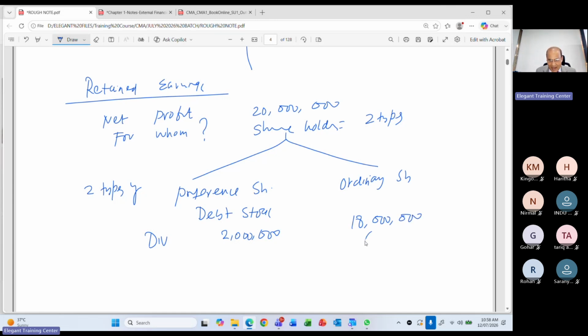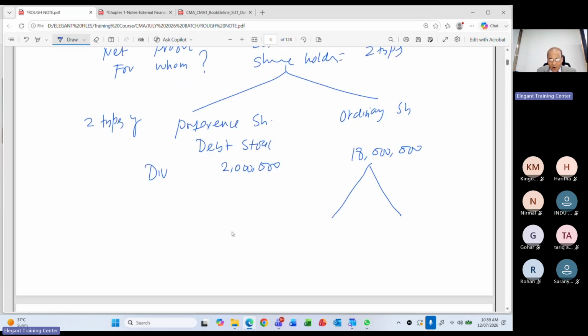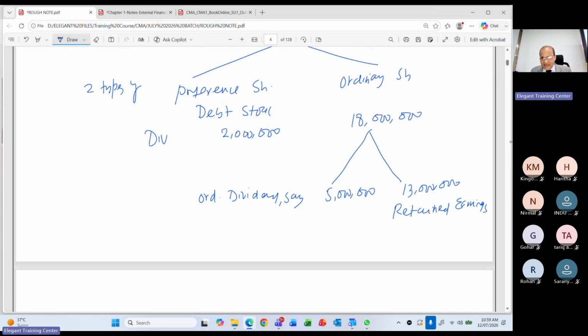Out of that, let's say the ordinary dividend is 5 million. This 13 million is called retained earnings. Now tell me, this retained earnings is for whom?